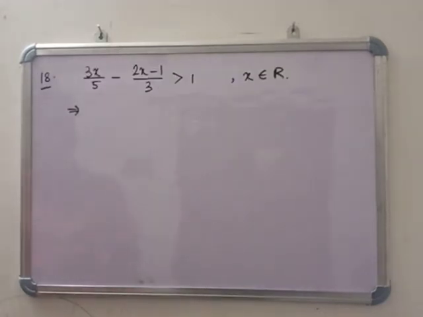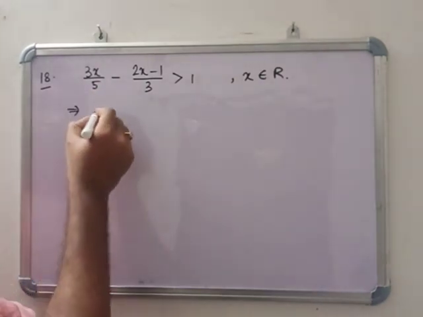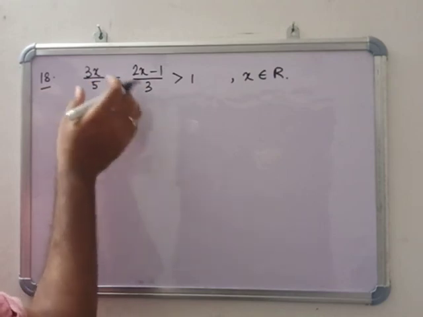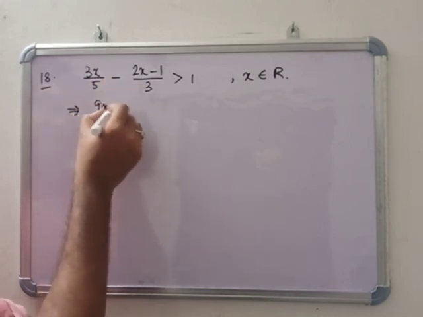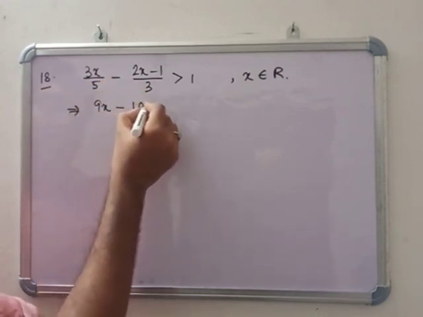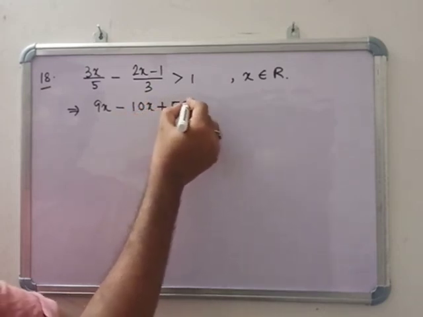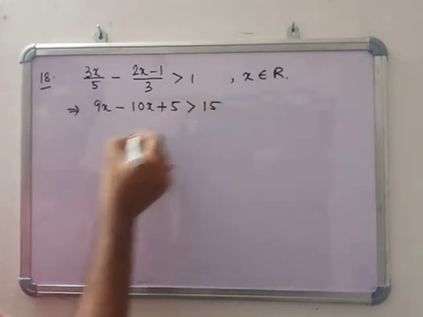In number 18, see that 3x/5 minus (2x minus 1)/3 is greater than 1, where x belongs to the real numbers. This is one of the important sums in this exercise. See that now if we solve it, 15 is the LCM, so that means 9x minus 10x plus 5 over 15.